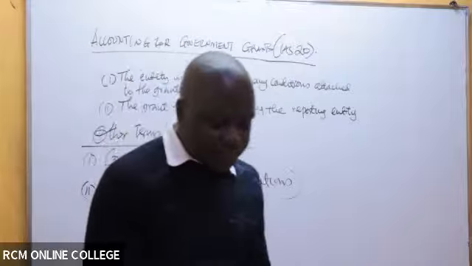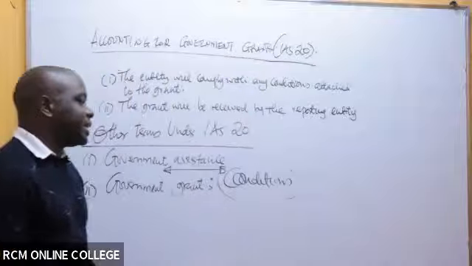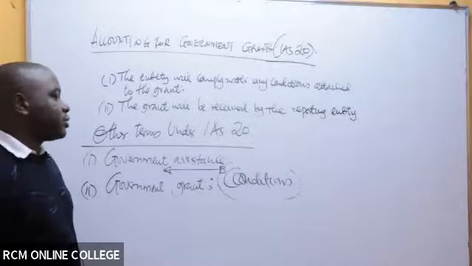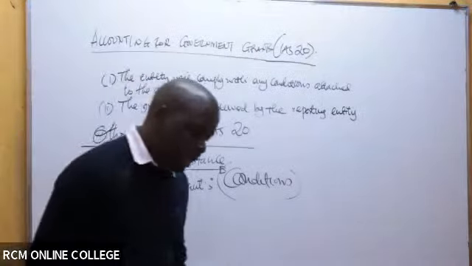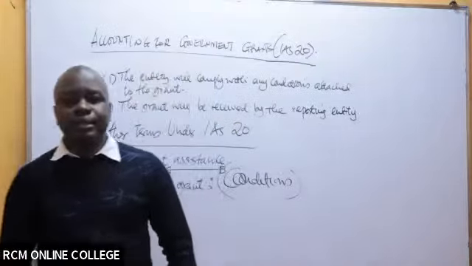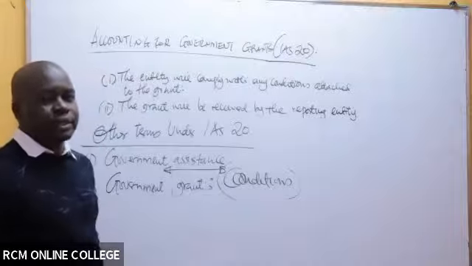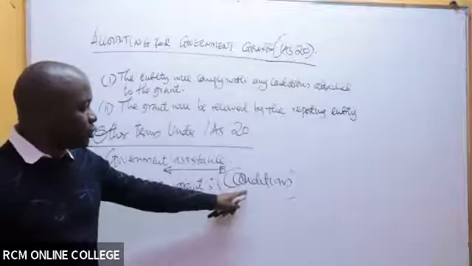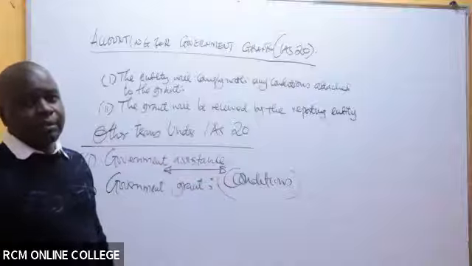If it's an entity that is very dependent on government grants, it means that if they don't fulfill the conditions, then the next year, 2025, they won't get the government grants because they were given that grant to fulfill conditions. If the government realizes that for the year 2024 they never fulfilled them, they won't be funded.